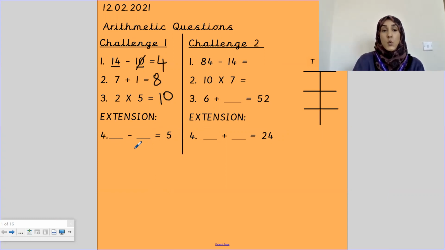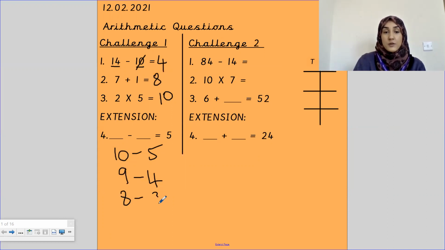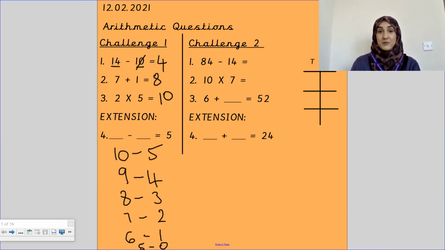Let's start with 10. 10 take away 5 equals 5. 9 take away 4 equals 5. 8 take away 3 equals 5. 7 take away 2 equals 5. 6 take away 1 equals 5. And we have 5 take away 0, squeezed it in, equals 5.